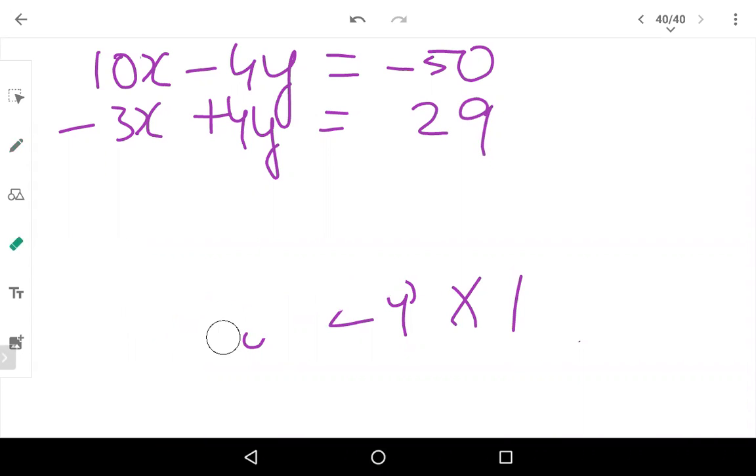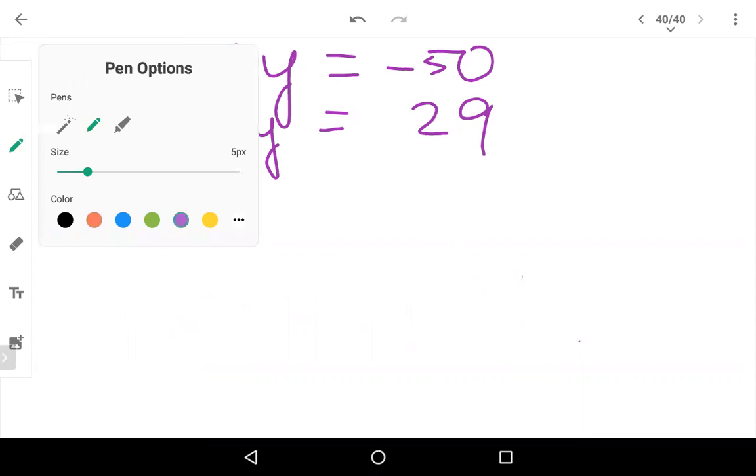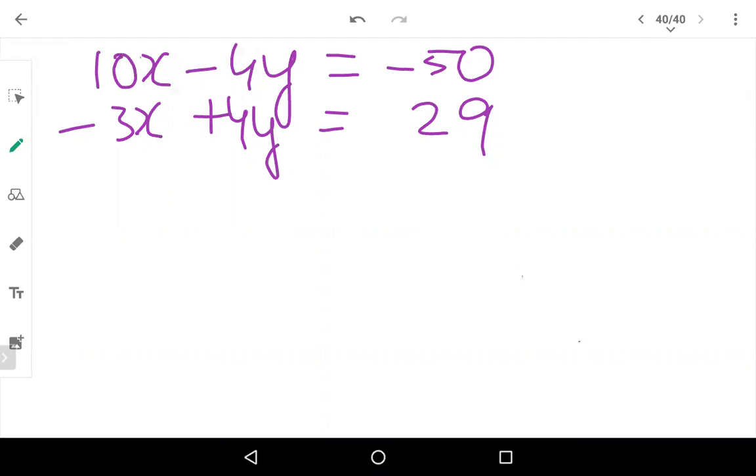Now here, do not change the sign. Why should you not change the sign? Because if you see here 4y and 4y, it's already in plus and minus format. When you have it like this where you can cancel directly, do not change the signs. So here directly you can cancel.